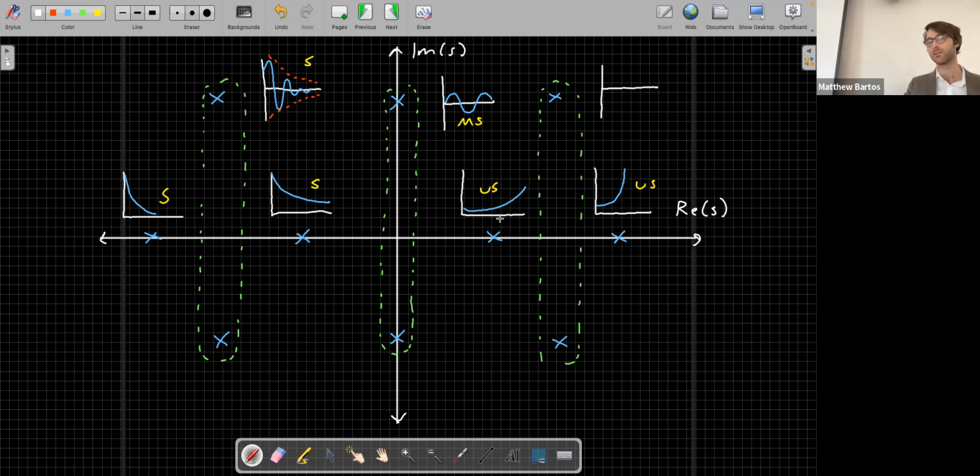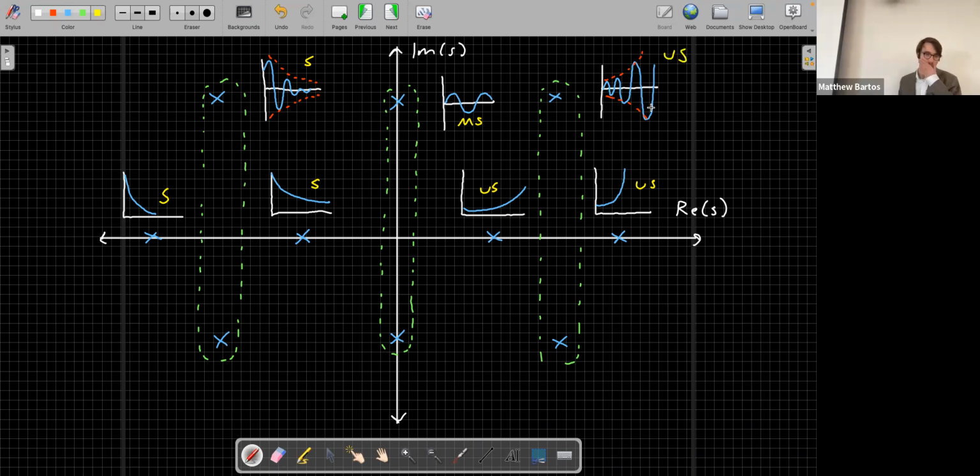Yes, so it'll be an exponentially growing sine or cosine. Okay, and we can draw the envelope here. And is this stable or unstable? Unstable, very good.